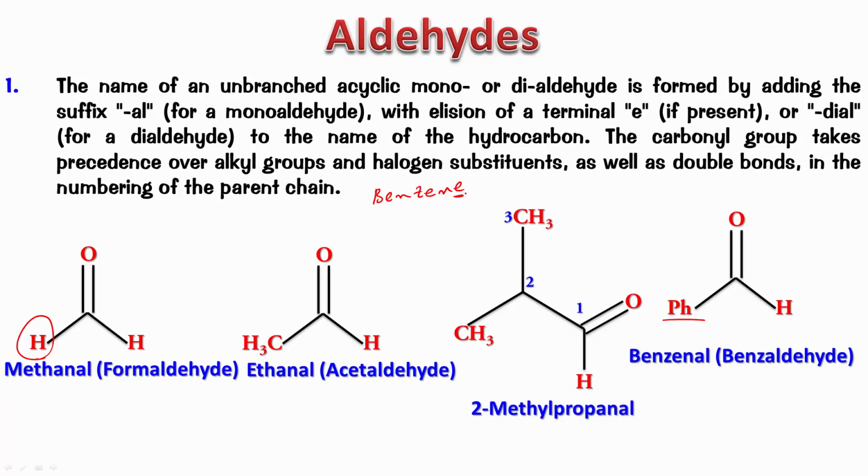Now what happens when you have double bonds? What happens when you have triple bonds? Well, the same logic applies. Alkene, remove the E, alkenal. So when both double bonds and carbonyl groups are present, the en suffix follows the parent chain directly and the al suffix follows the en suffix. Notice the E is left off, and it is en instead of ene, as we have already seen. And of course you have to number the ene but not the al.